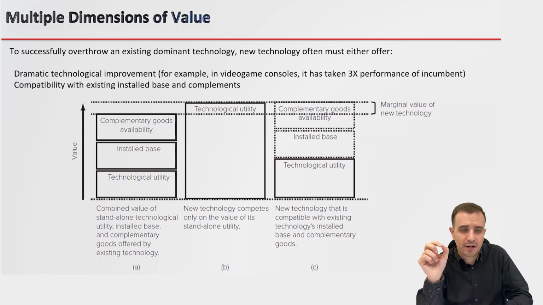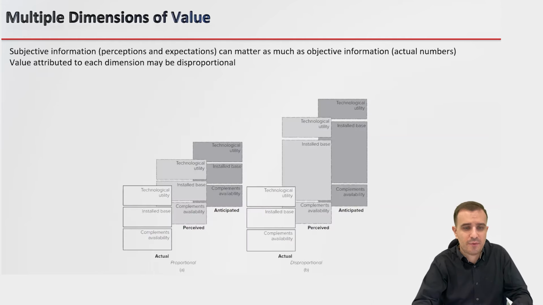However, even though this technology provides just a slightly better technological utility, it is still using the same installed base and the same complementary goods availability of the existing technology. You can see this depicted on the right-hand side of the graph. So this second technology, again, is delivering more value, but it is doing so by using the same installed base and the same complements.